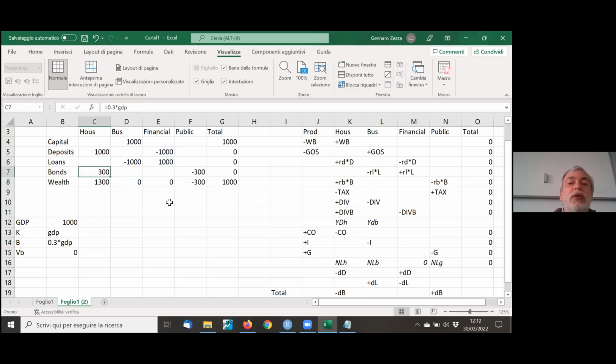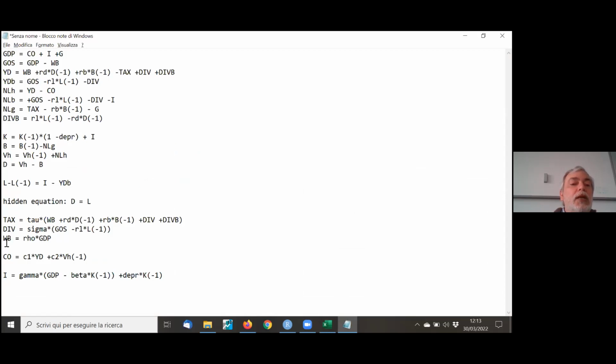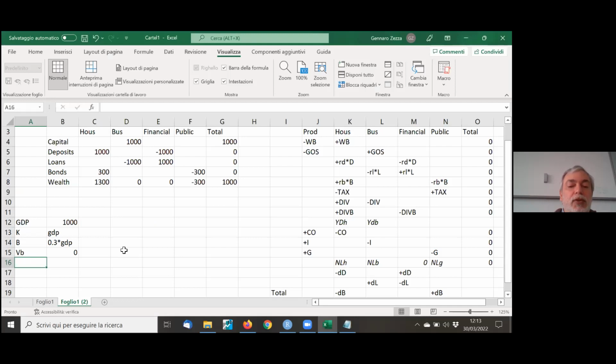So we can move to filling the transaction matrix, and we will need a hypothesis on income distribution. So we can assume that rho is equal to, I don't know, 75% of GDP.